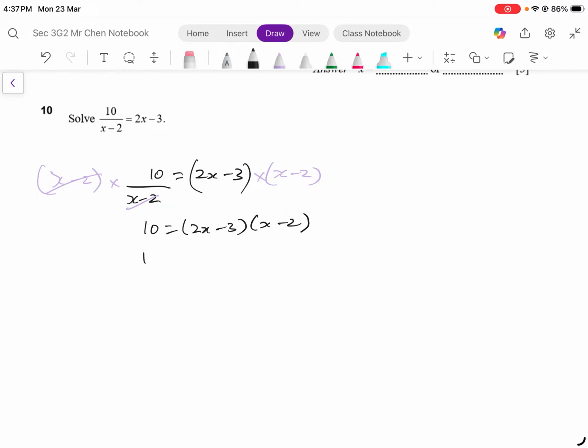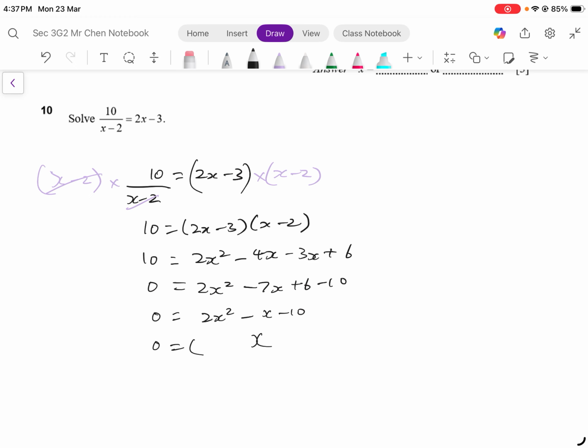Expand: 2x squared minus 4x minus 3x plus 6, which is 2x squared minus 7x plus 6, minus 10. So 2x squared minus x minus 10. Can we solve this by factorization? The easiest way is to use your mode 2 with 2, minus 1, minus 10.